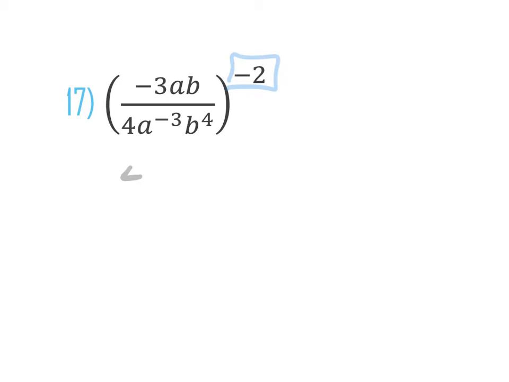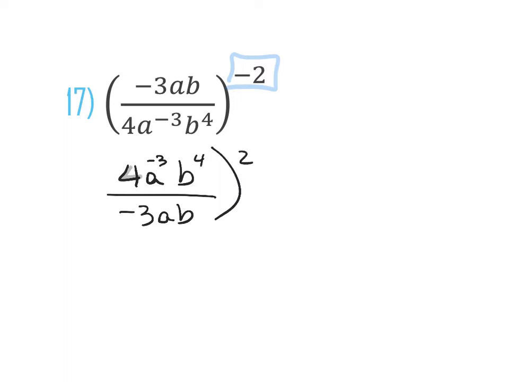So I'm going to write the denominator. 4a to the 3rd, -3, b to the 4th, -3ab. All I did was deal with this thing right now. I left everything that was inside the parentheses with the same signs.